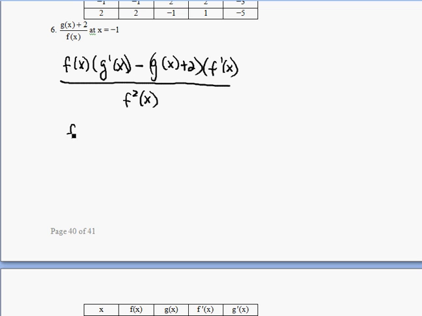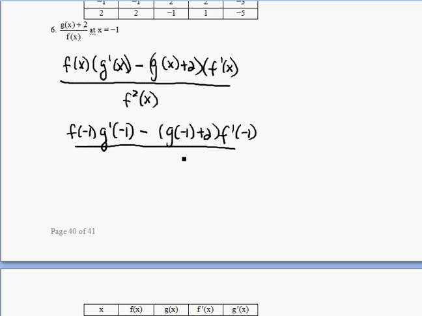So we're plugging in -1, so it's f of -1, g prime of -1 minus g of -1 plus 2, f prime of -1, all over f of -1 squared. So I can't see my table of values. Let me move the page up a little bit.